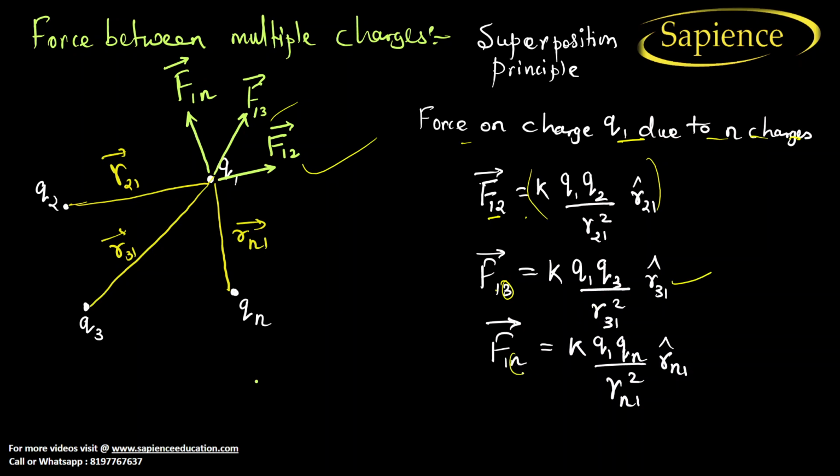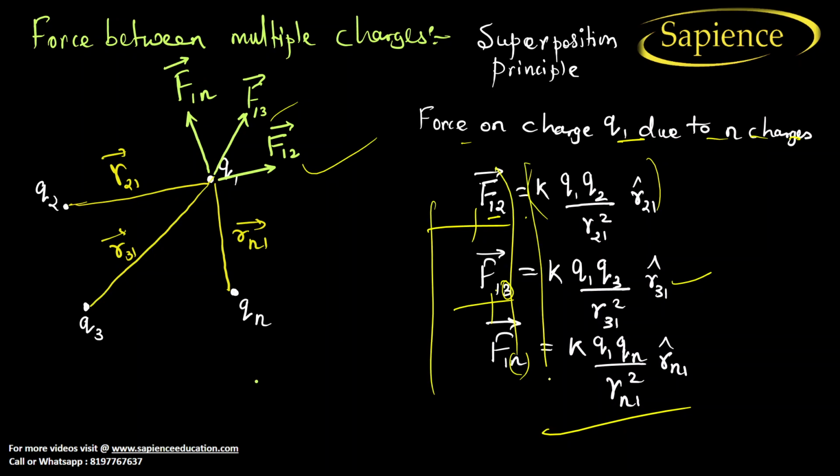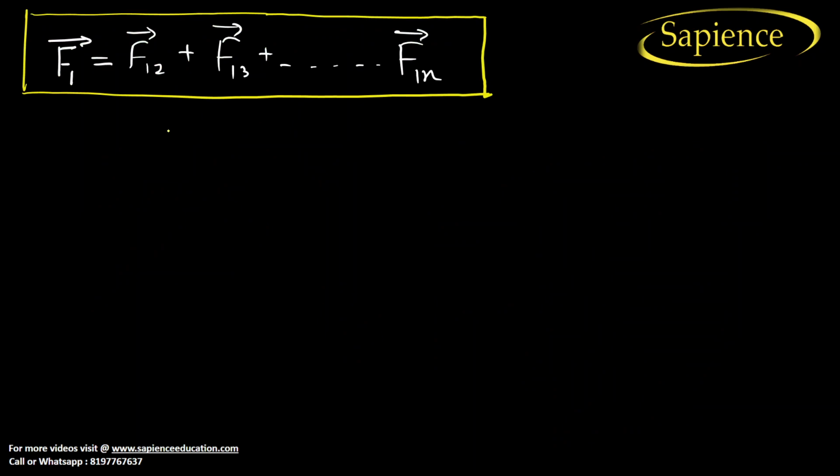Now force due to nth charge is equal to k q1 qn by rn1 squared into rn1 cap. Now we will add all these forces vectorially. If you add these forces vectorially, you will get the force on charge 1. So basically force on charge 1 can be written as F12, F13, up to F1n.